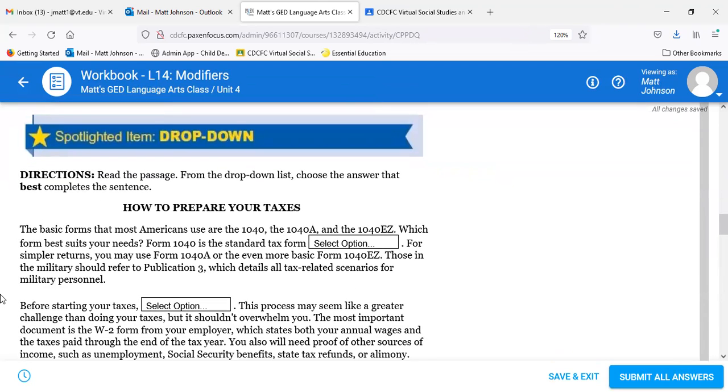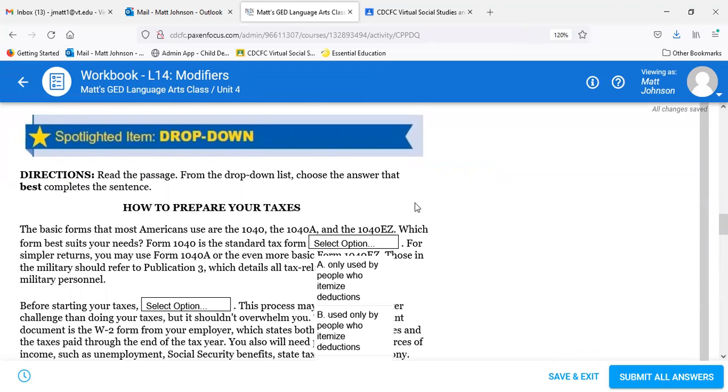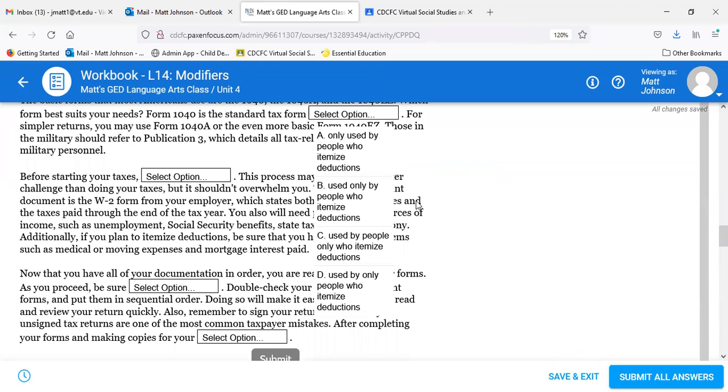And then how to prepare your taxes. So the basic forms that most Americans use are the 1040, the 1040A, and the 1040EZ. Which form best suits your needs? Form 1040 is the standard tax form. Tracy, I'm going to try that.